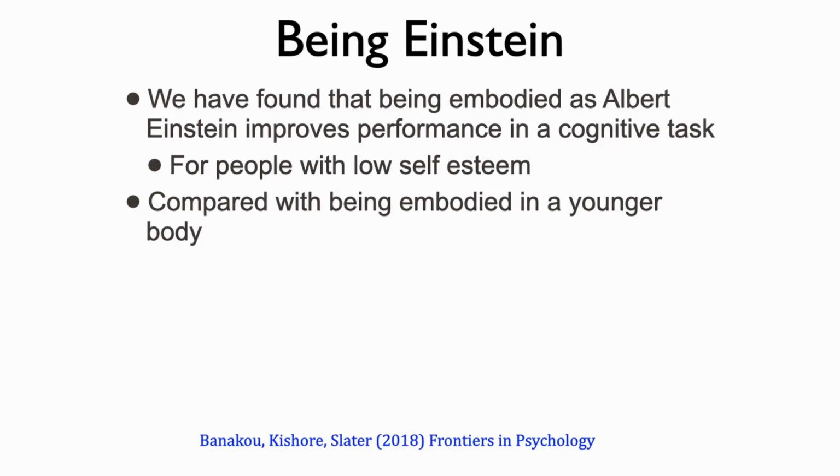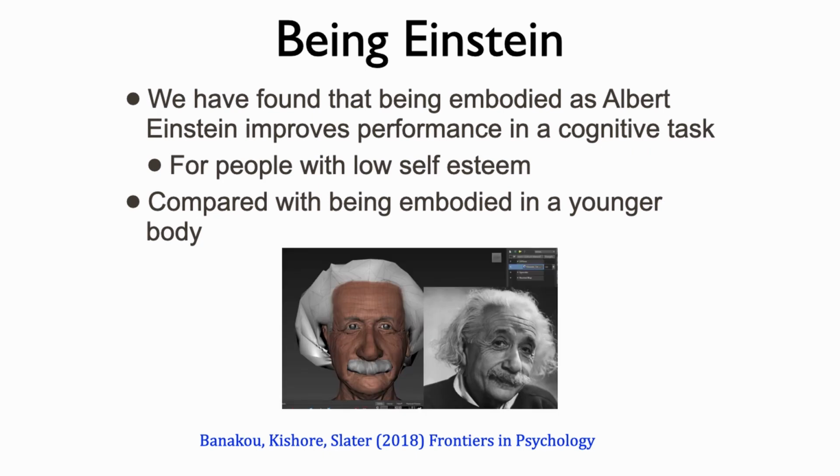I don't have time to go into hardly any of the studies we've done, but one which is quite interesting is we found that being embodied as Albert Einstein improves performance in a cognitive task, especially for people with low self-esteem. That's compared with being in a different body, a younger body that looks more like the real person.